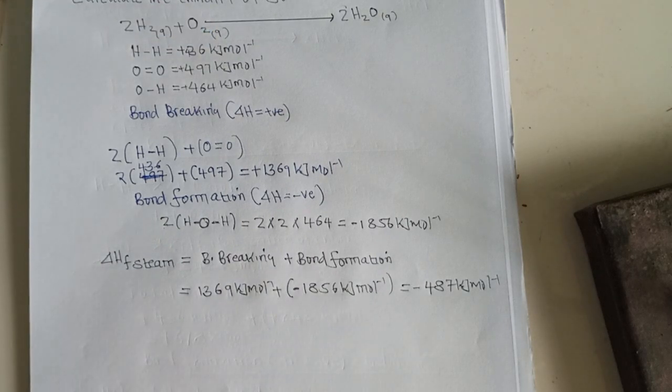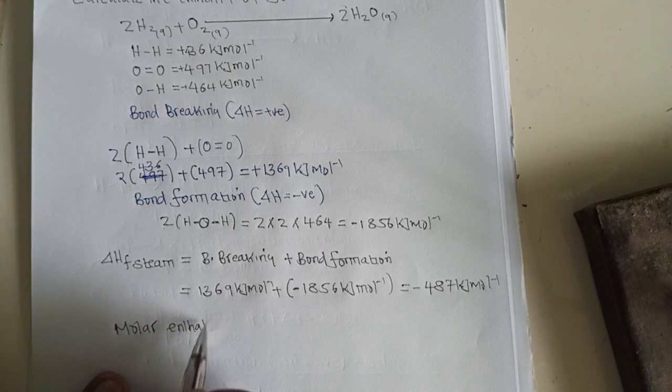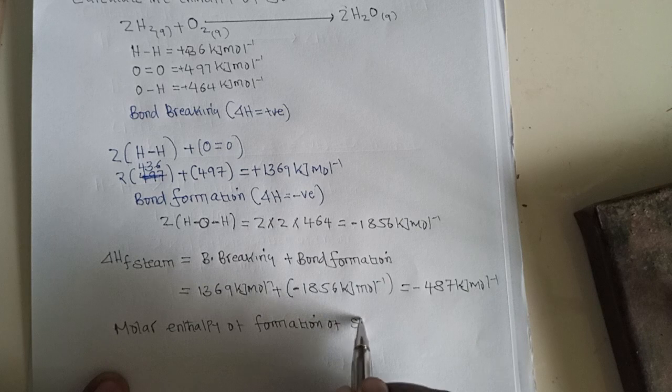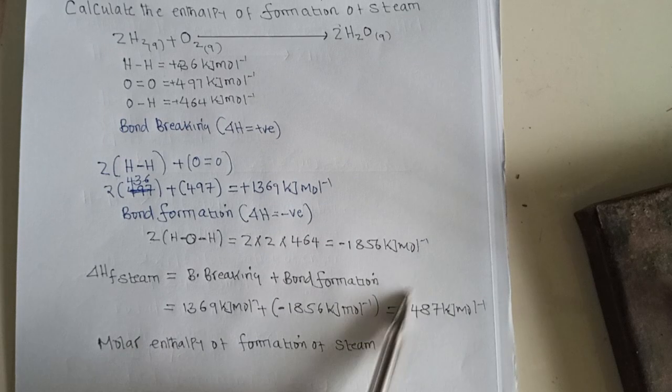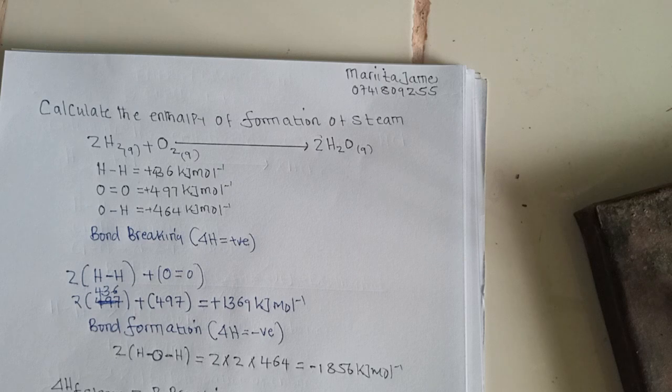Now, to get the molar enthalpy of formation of steam, and that is where most students don't go up to that part. Very, very important to note. The molar enthalpy: remember this value is for 2 moles of steam, producing negative 487.